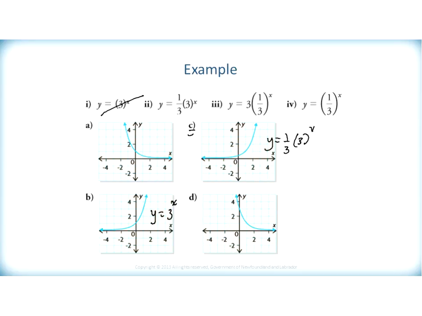It makes sense for the y-intercept to be 1/3 here. So we have decreasing functions left. Now we must look at the y-intercepts. We have a y-intercept of 3, which is this one right here. So this would be y equals 3 times (1/3) to the power of x. And here we would have y equals (1/3) to the power of x.